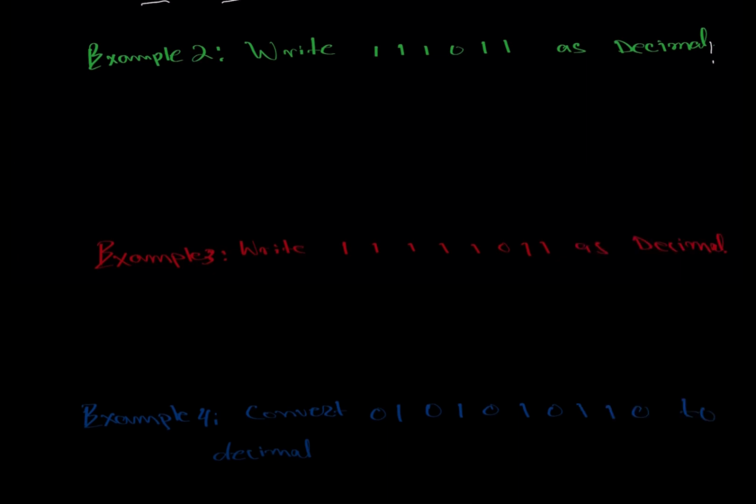So it'll be 2 to the 0, 2 to the 1, 2 to the 2, 2 to the 3, 2 to the 4, 2 to the 5. So you have 6 digits. That's all I need.